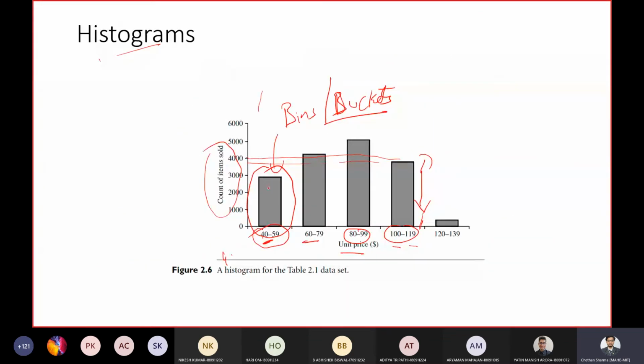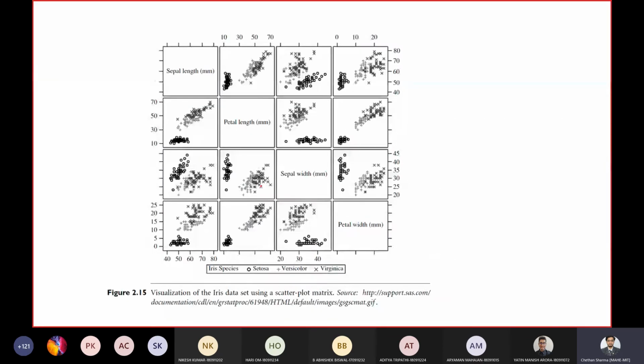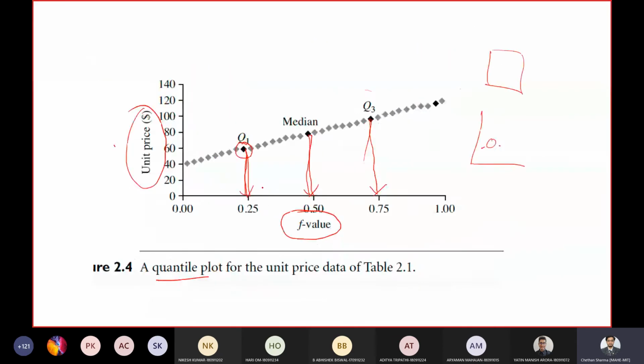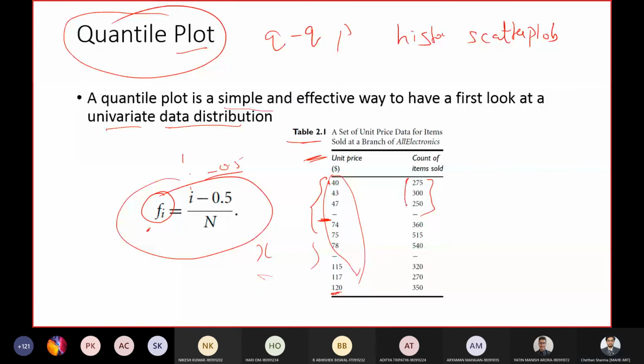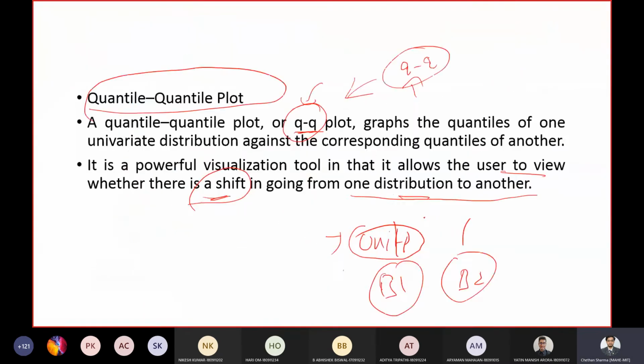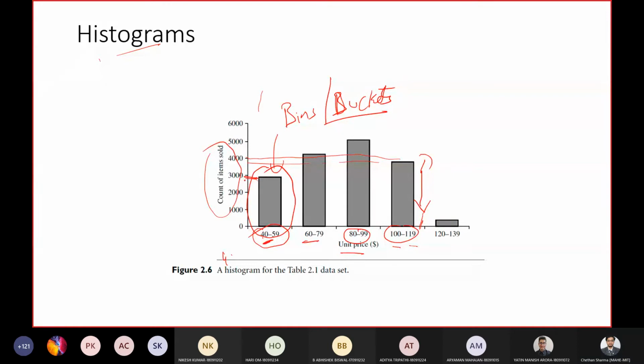The count of the items sold is 3,000. If you just count this here, 275 plus 300 plus 250 till the 59th value, maybe you will get the total as 3,000.